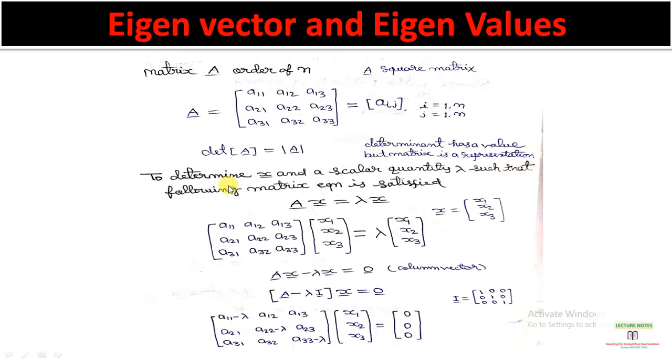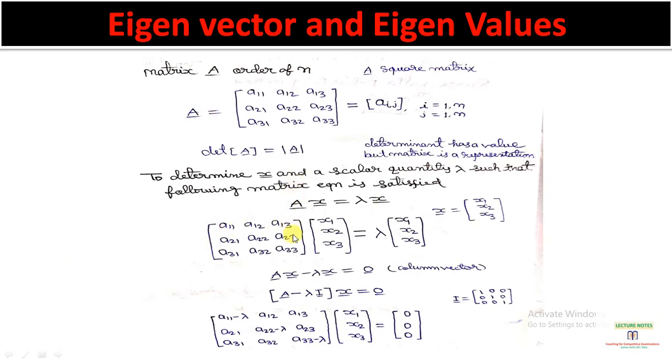The next question is, now we are going to discuss some questions and properties. To determine the vector x and a scalar quantity lambda such that the following matrix equation is satisfied: square matrix A times the vector x equals the constant lambda times x.